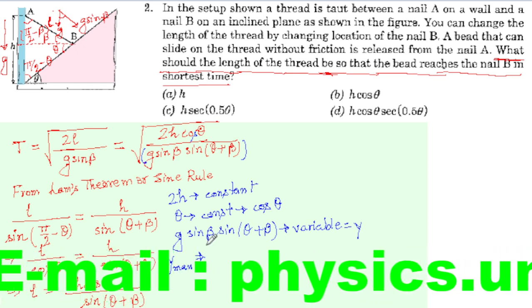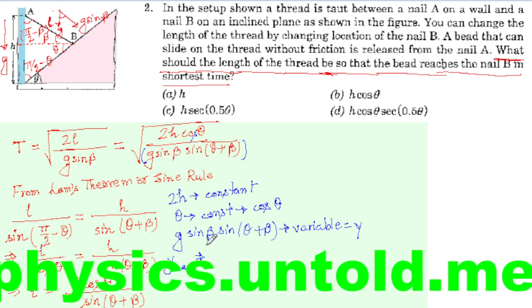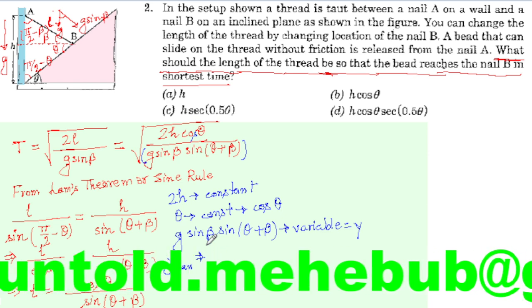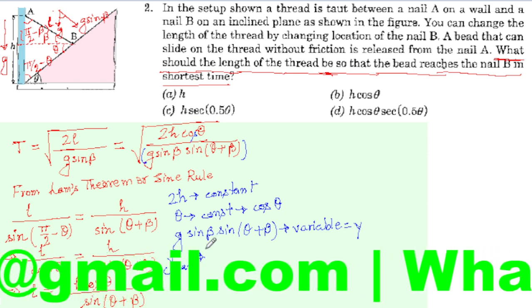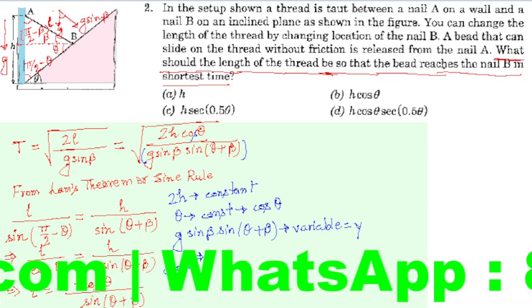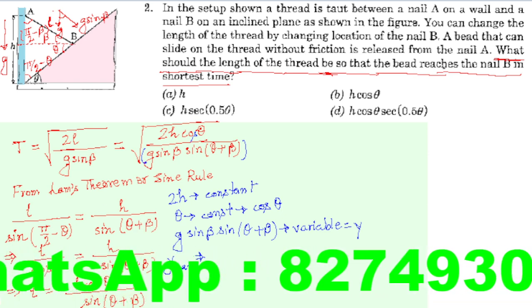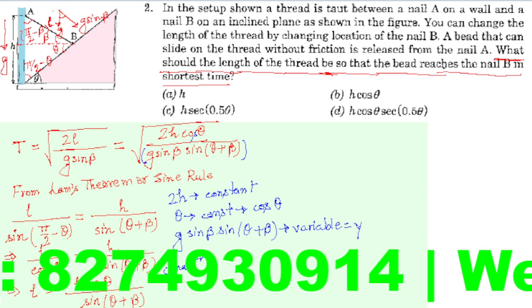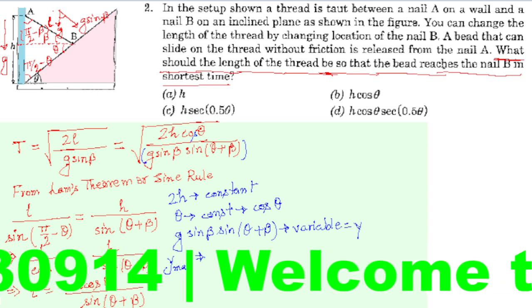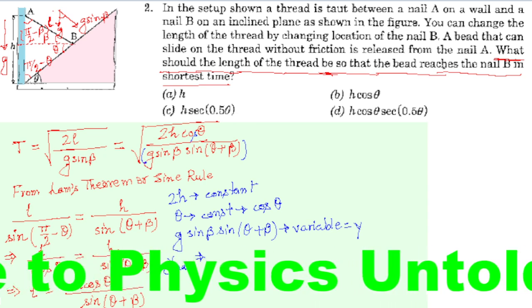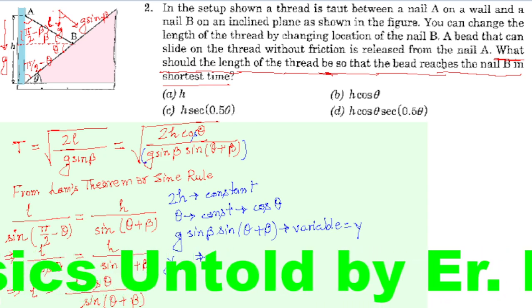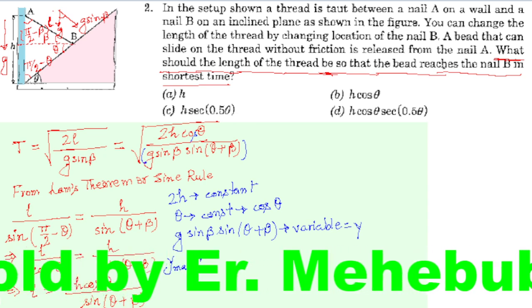From the maxima minima theorem, for any expression to be maxima or minima, its first derivative must be 0. Here y is equal to g sine beta into sine of theta plus beta.